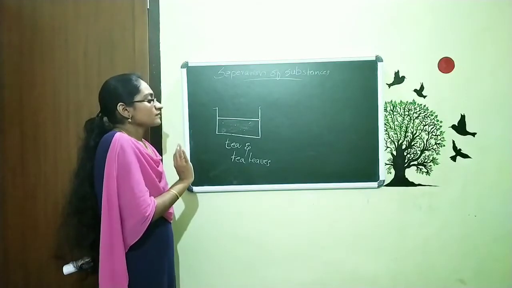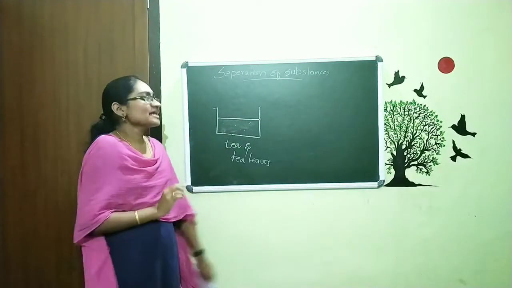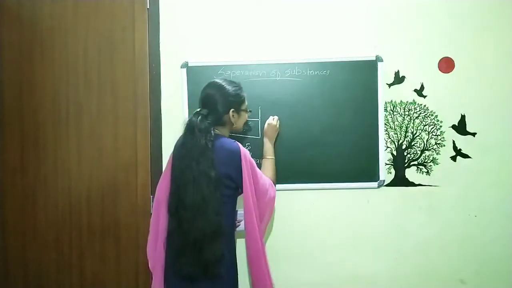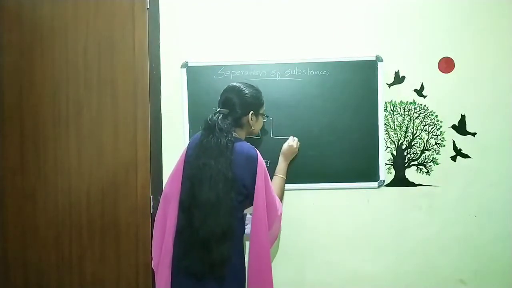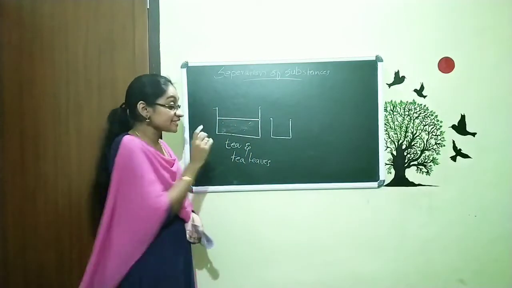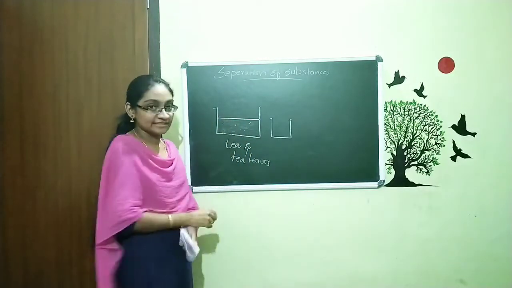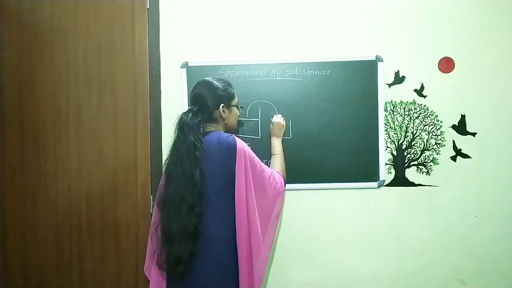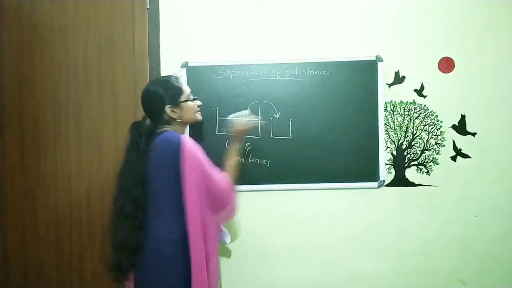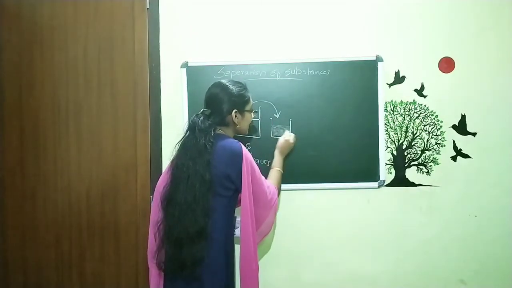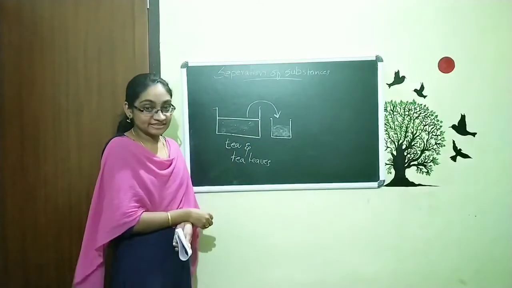Is it possible to do decantation here? It is possible. I am taking another glass and collecting the tea here. My aim is to separate the tea and tea leaves. I am pouring this tea into this glass, applying the process of decantation.